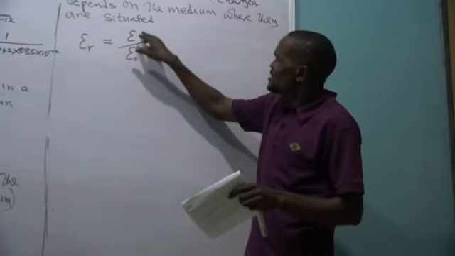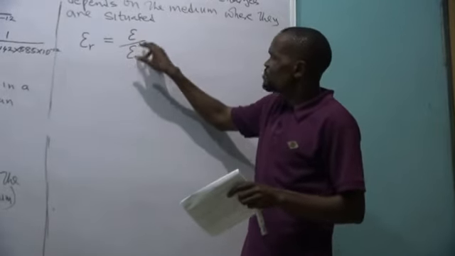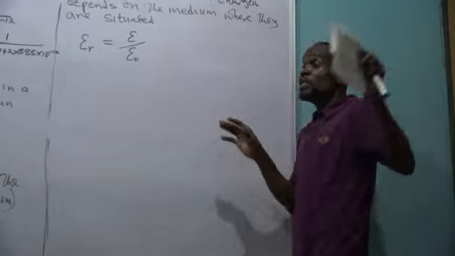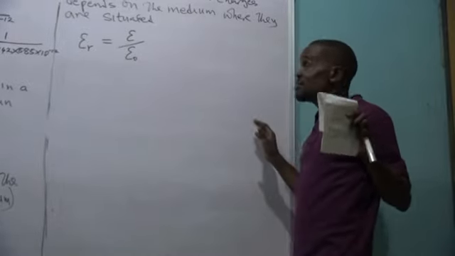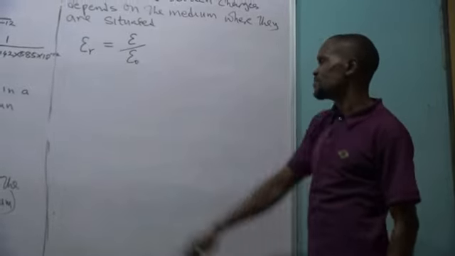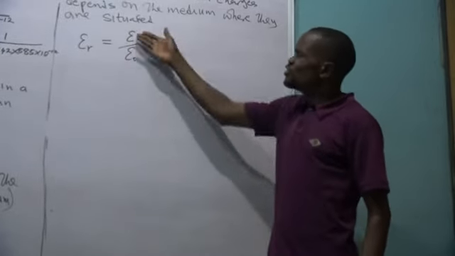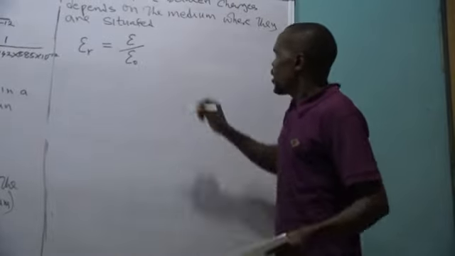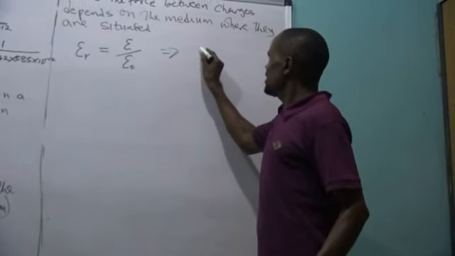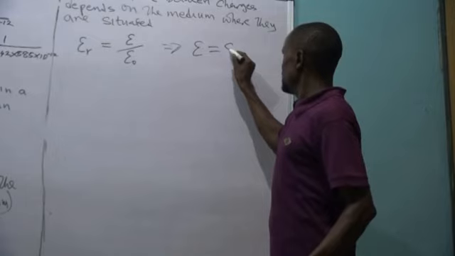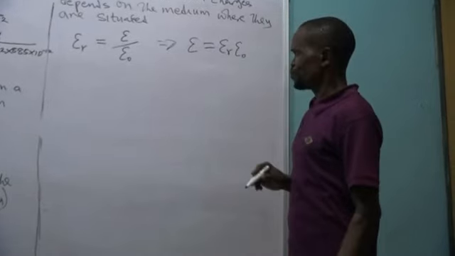But if ε is the same as ε0, it means that the force in air and the force in that medium are the same, that is, the medium is also acting as air. And this implies that ε is equal to εr ε0.